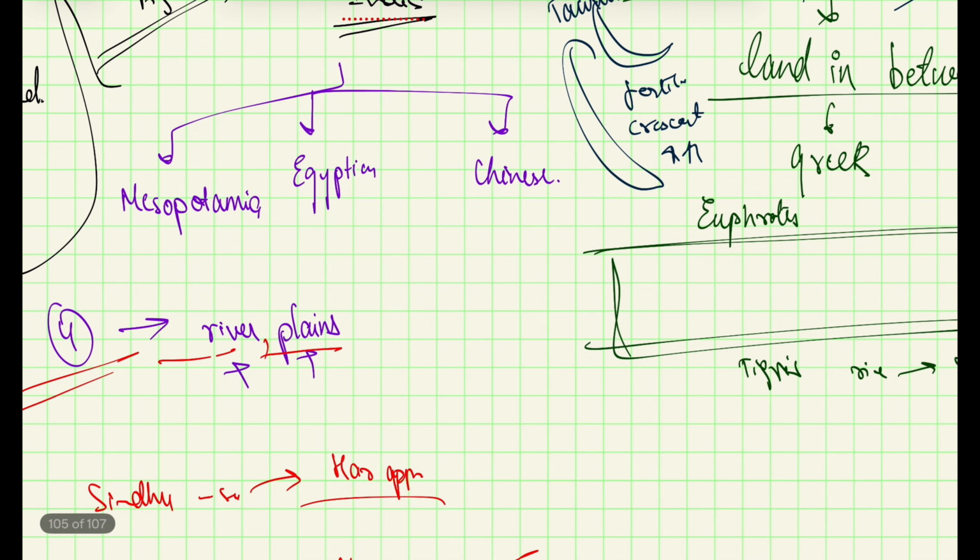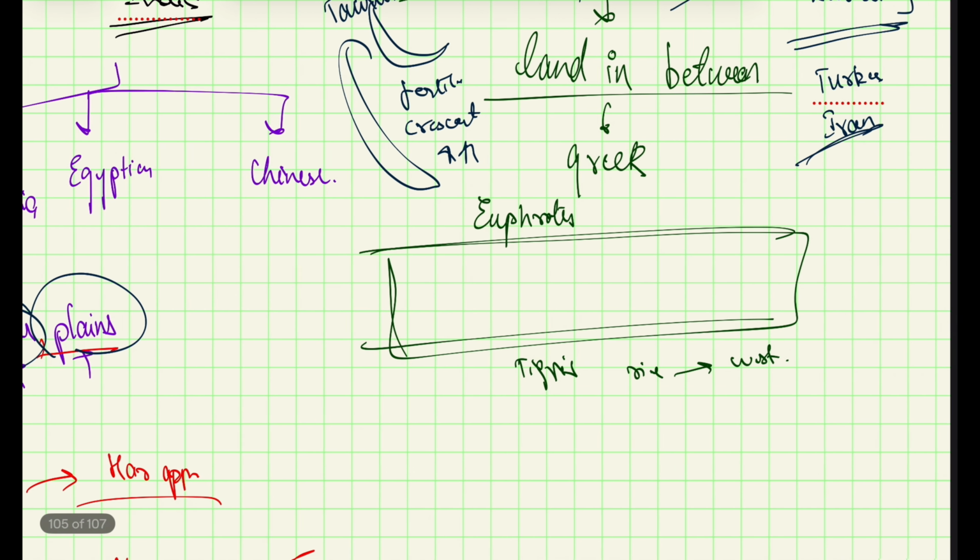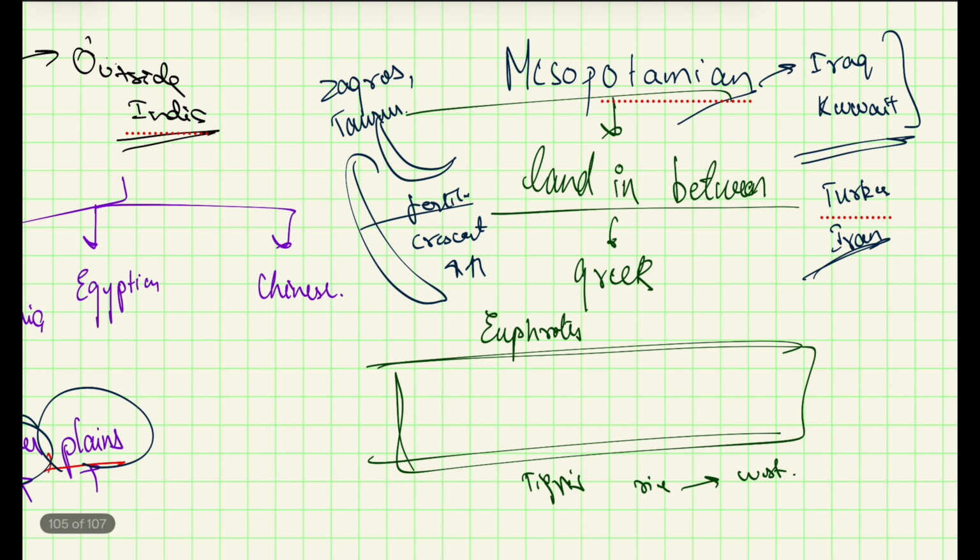So you've already seen that whenever you find a proper civilization, it is the combination of plains and river. So what did it have? This fertile crescent shaped land, stretching from the Mediterranean in the west to the Persian Gulf in the east. That is why they had such great agricultural potential.